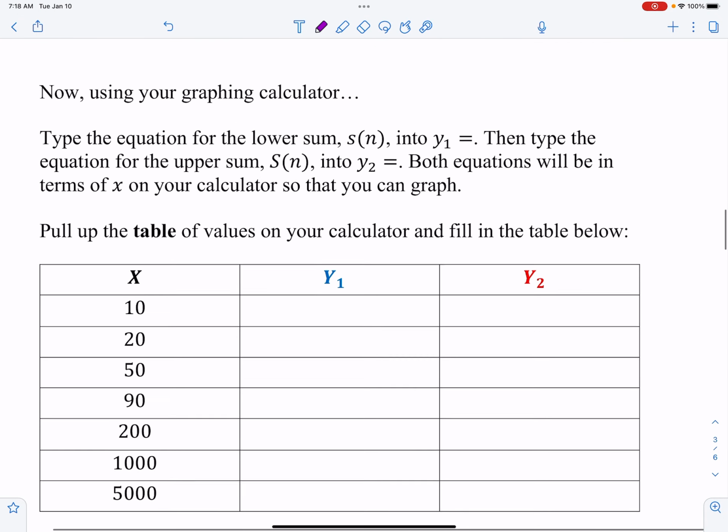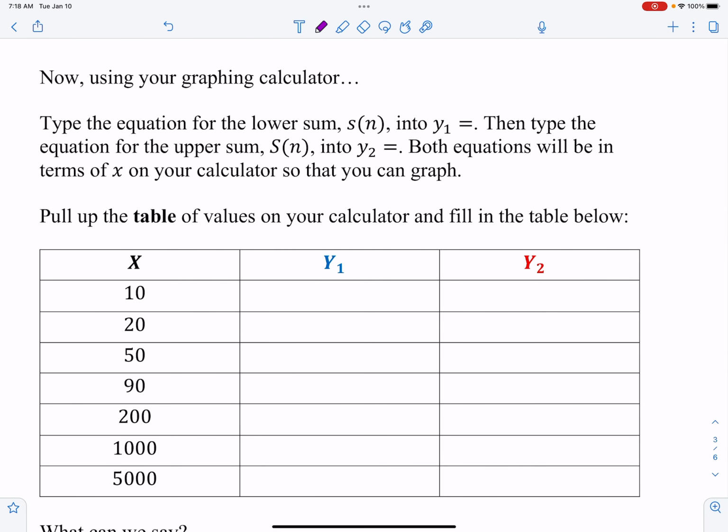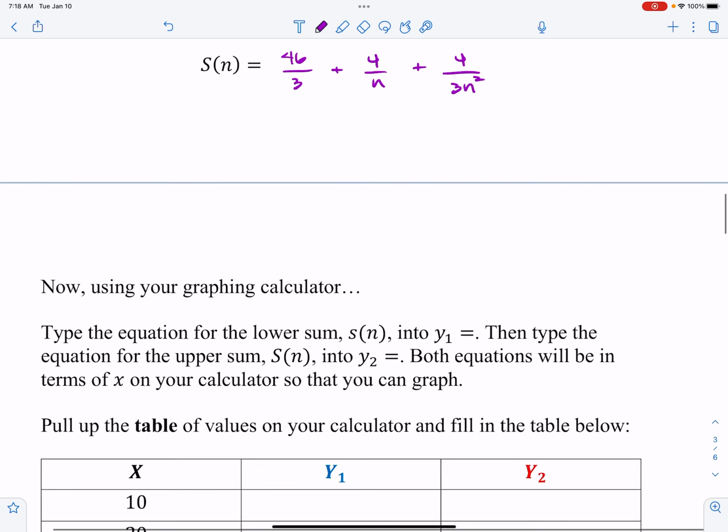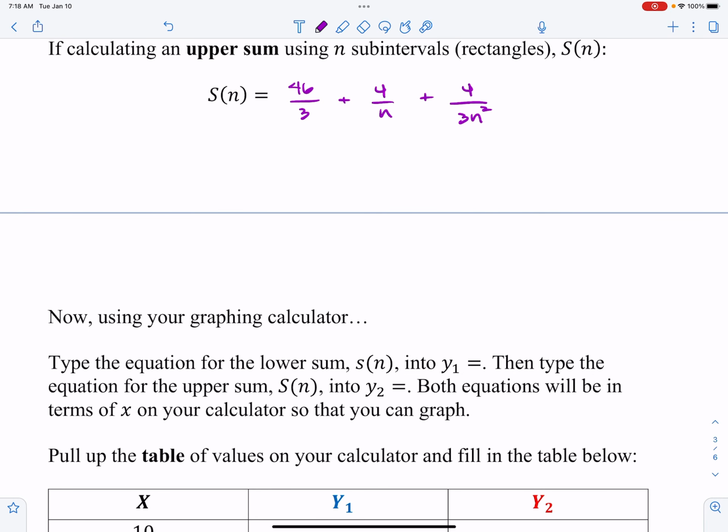So using your graphing calculator now, I want you to type in the rule. So in y sub 1, go ahead and type in your lower sum formula. Obviously, you're using x's instead of n's. Do not use the fraction bar. Use parentheses, and be very careful about your use of parentheses.